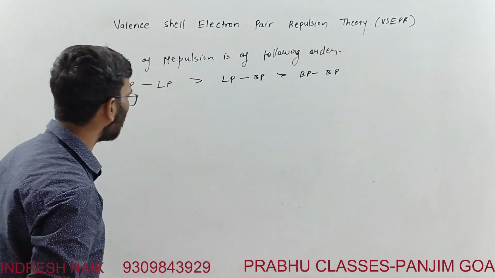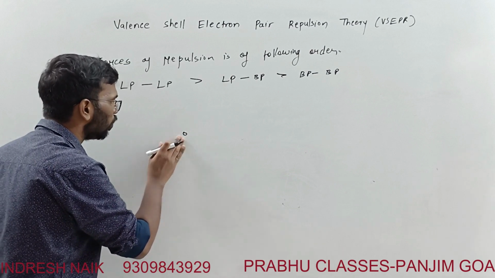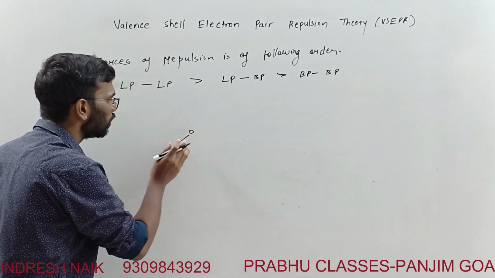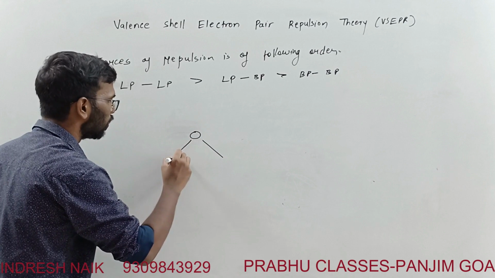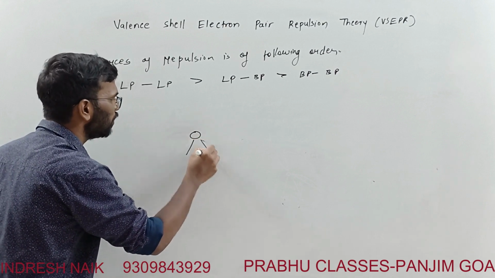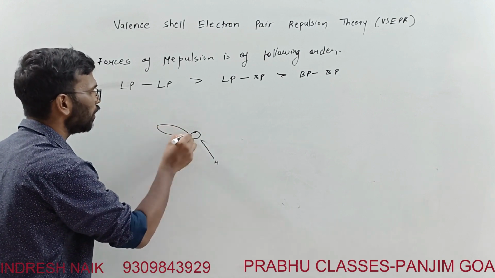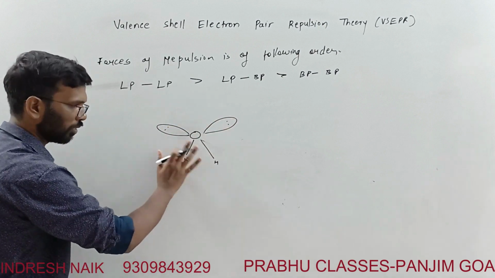For example, take the simple example of the water molecule. This is the central atom, oxygen. Less repulsion means less angle. This is not in two dimensions; it is not in one plane.